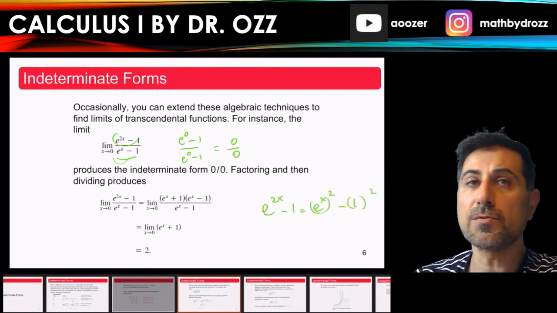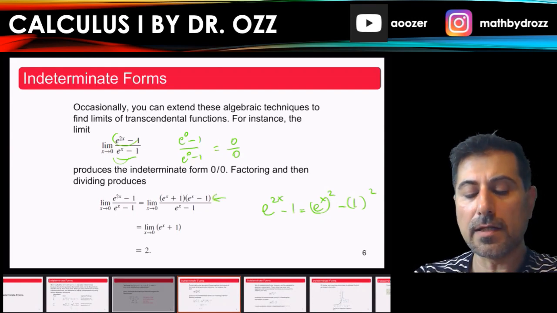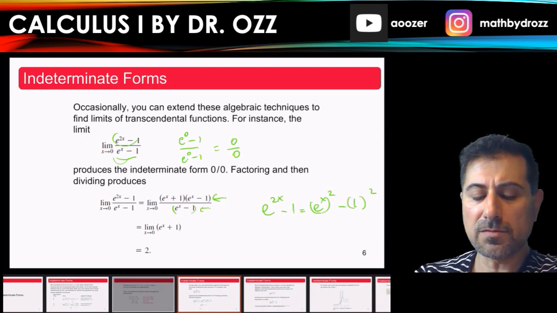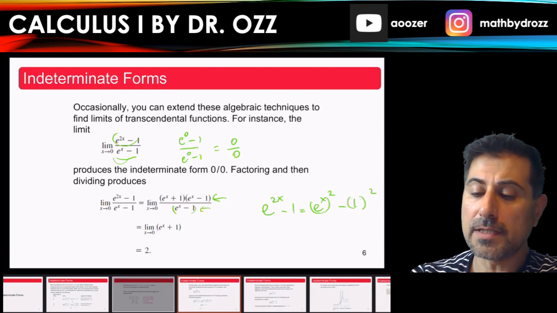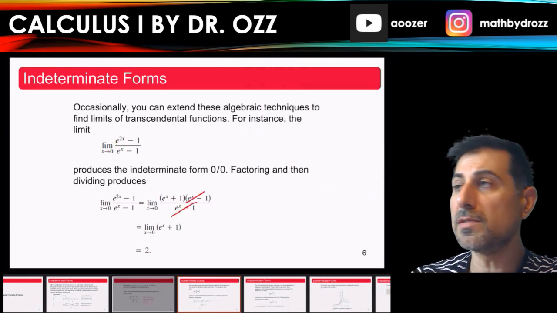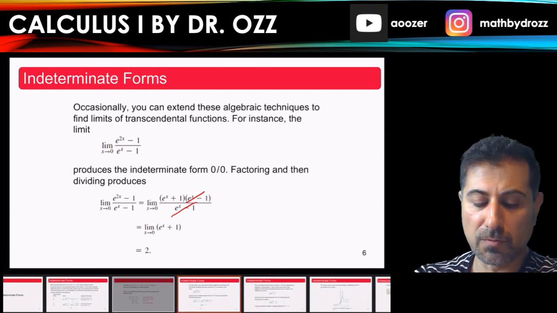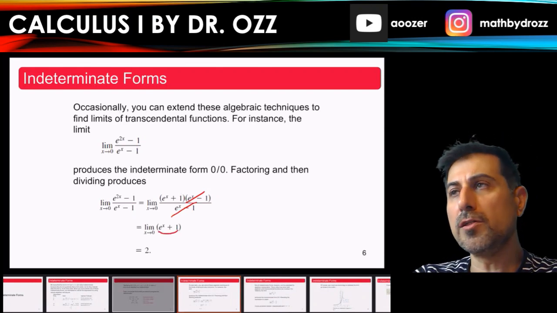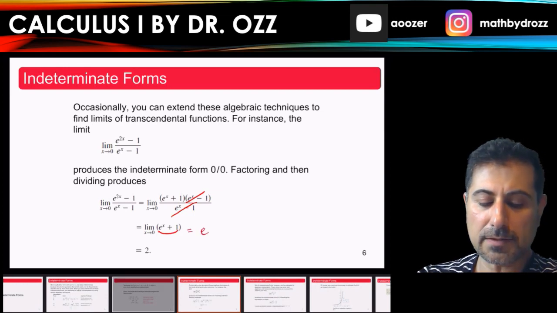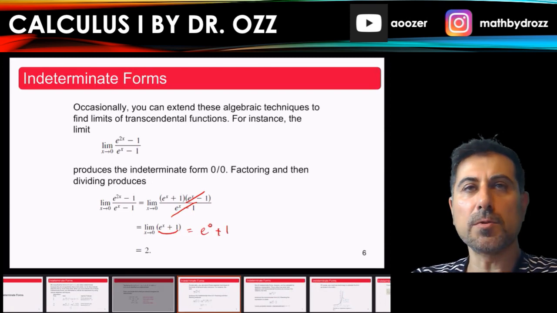When you have a difference of squares, you can split that as e to the x plus 1 and e to the x minus 1. And the bottom is already e to the x minus 1. That allows you to cancel out e to the x minus 1 from the top and the bottom, and you're down to e to the x plus 1, a very nice expression to pass the limit, because after you pass the limit, it's going to be e to the 0 plus 1, which is exactly equal to 2.